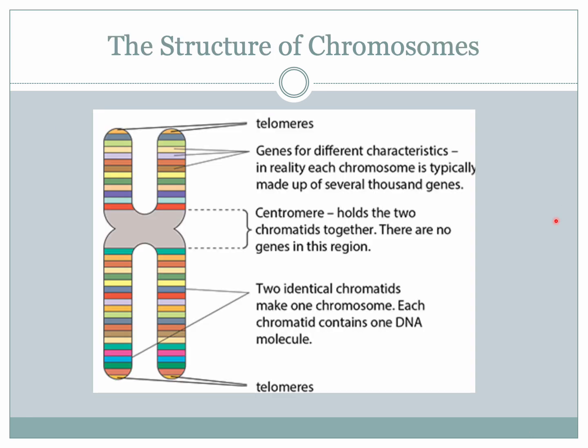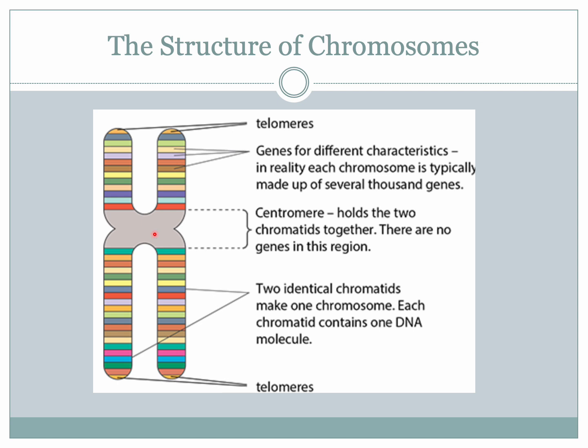Taking a look at the structure of chromosomes, you have the chromatids. There's 2 of them. A chromatid is one of 2 identical parts of a chromosome held together by a centromere, formed during interphase by the replication of a DNA strand. The centromere is going to allow the 2 chromatids to be held together.